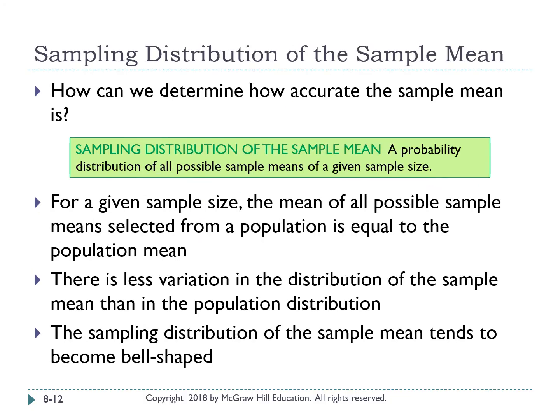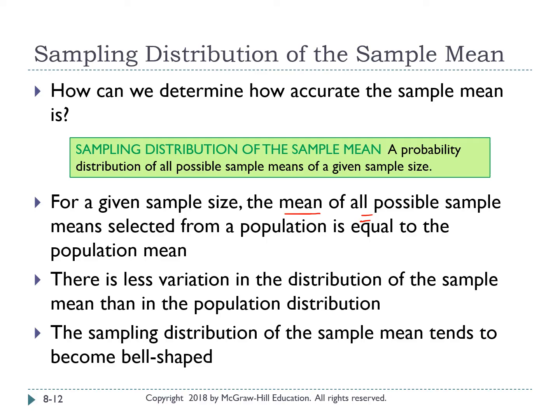Since you have learned about sampling error, how can you determine how accurate your sample mean is? Because we are going to use the sample to estimate our population. But now you know that there is a sampling error. So how confident are you with your estimation? According to the sampling distribution of the sample mean, for a given sample size, the mean of all possible sample means selected from your population should equal the population mean.